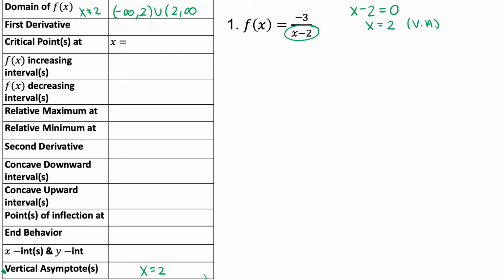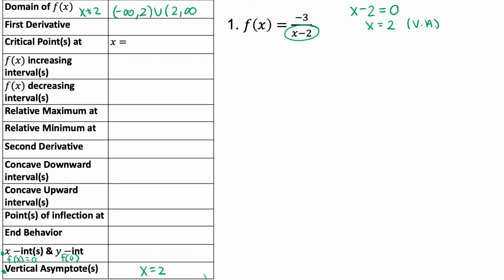Again, we still want to keep finding anything we can from our original function before we do our derivatives. So we can still talk about our intercepts just like we did before, setting our function equal to 0 or plugging in a 0. So if we set our function equal to 0, remember we can really just set our numerator equal to 0. -3 equals 0 is never going to happen, so we actually won't have an x-intercept.